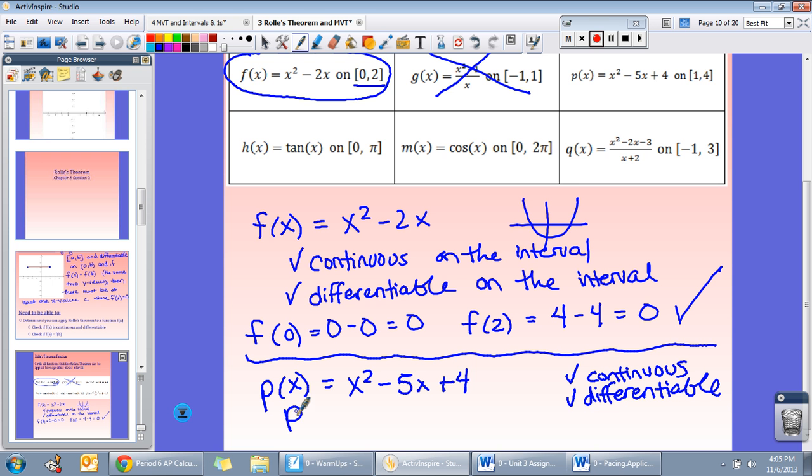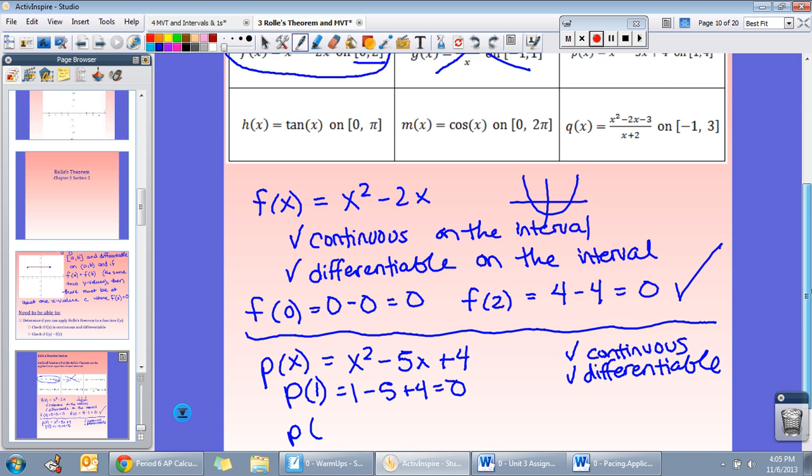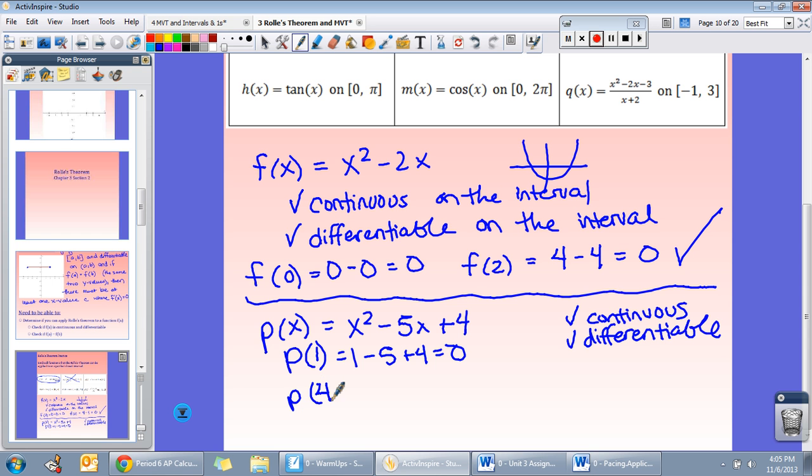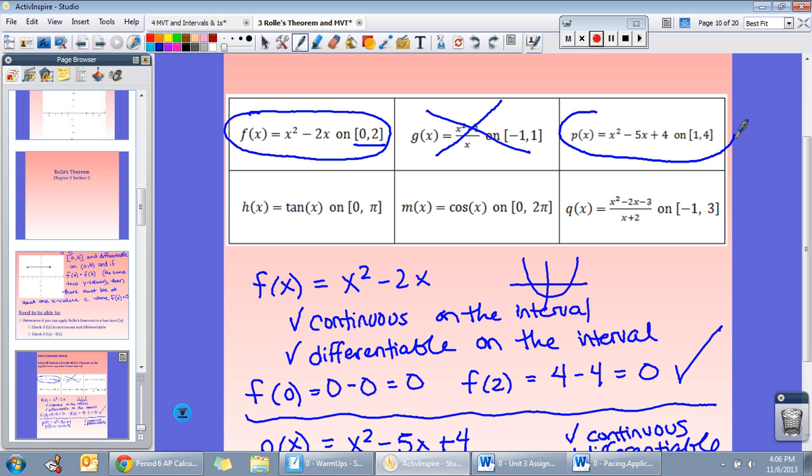P of 1 is going to be 1 minus 5 plus 4, which is 0. And then P of 4 is going to be 16 minus 20 plus 4, which is 0. So yes, we can apply Rolle's theorem to p of x.